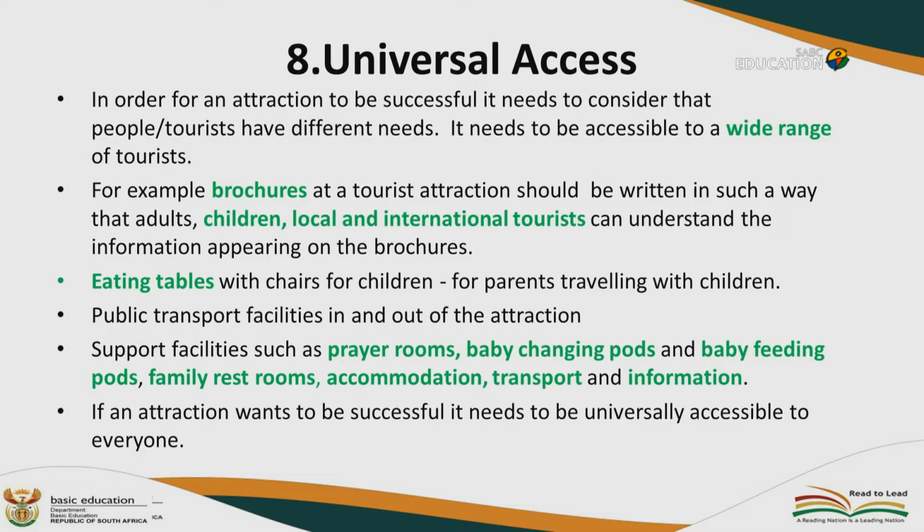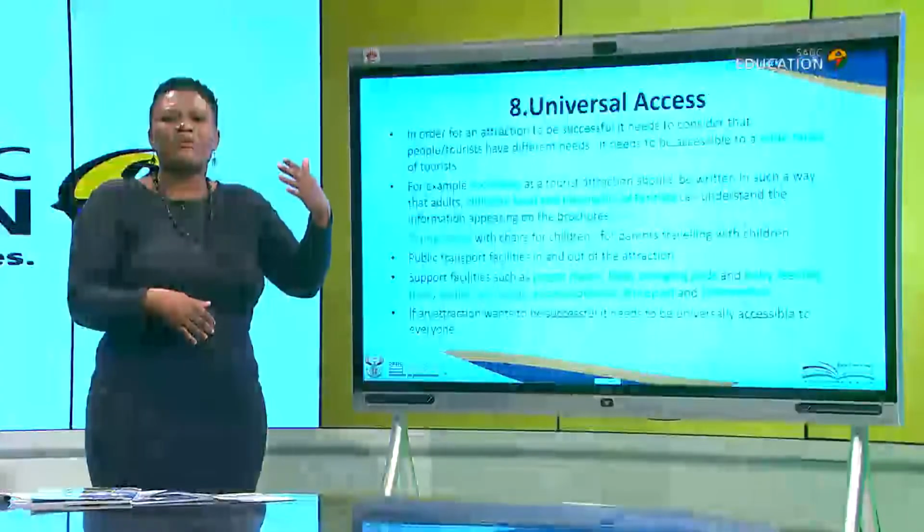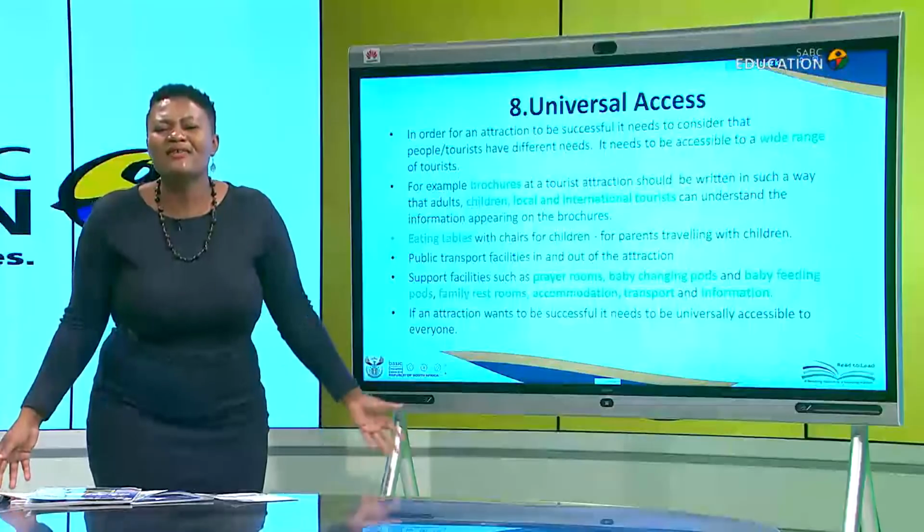When I talk about senior citizens, I'm referring to our pensioners at home, those who are aged 60 or 65 and above. When I talk about people from different backgrounds, they also need to be accommodated. People from different religions need to be accommodated. So universal access is about considering everyone.